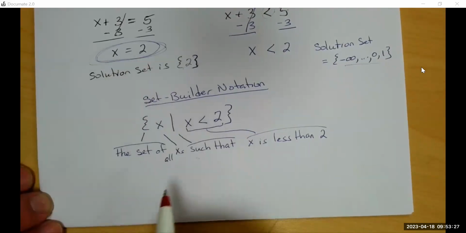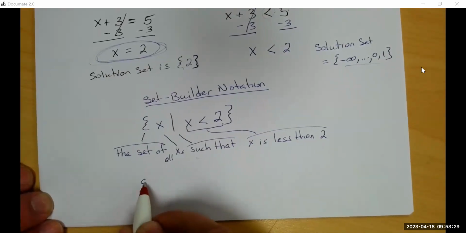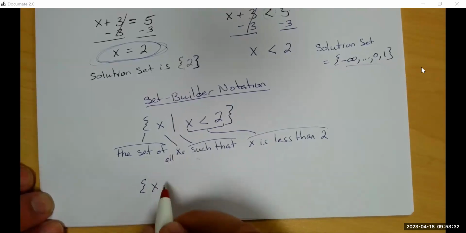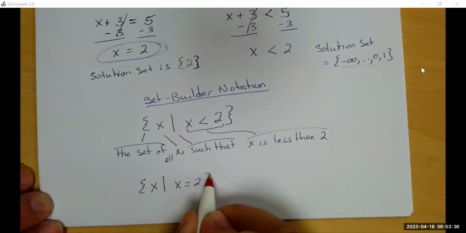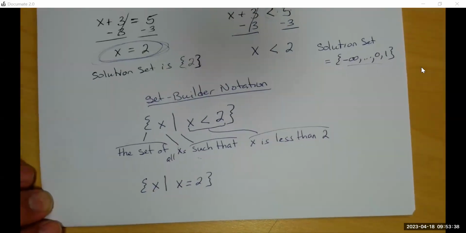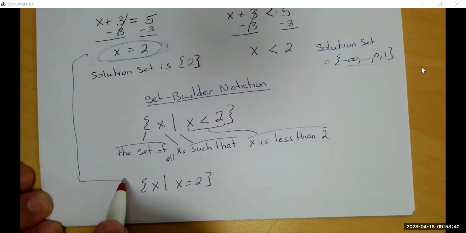Since this only has one, I'd put the set of all x's such that x equals 2. That's how that one would look.